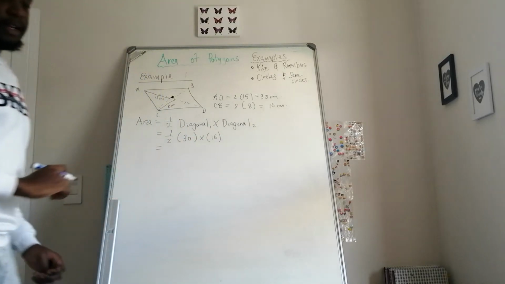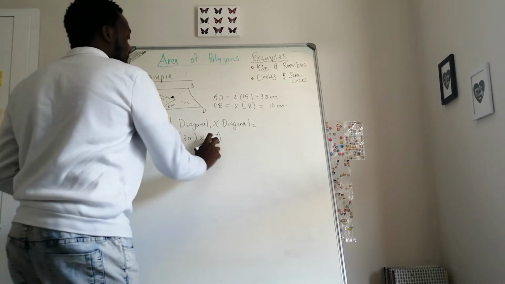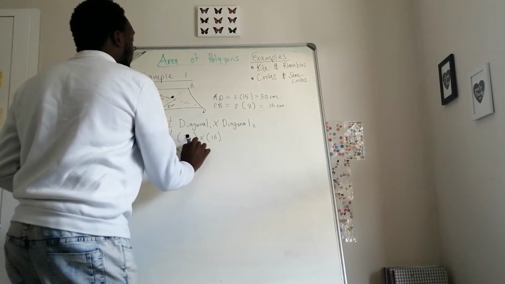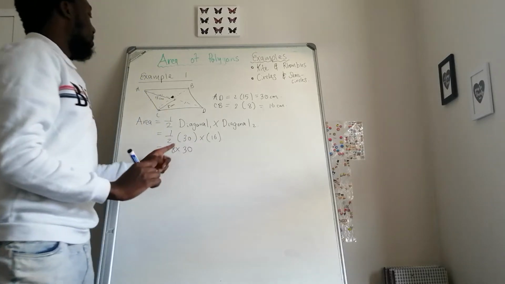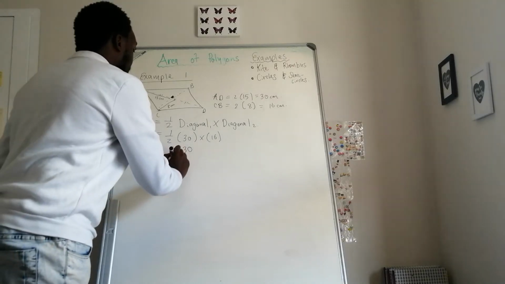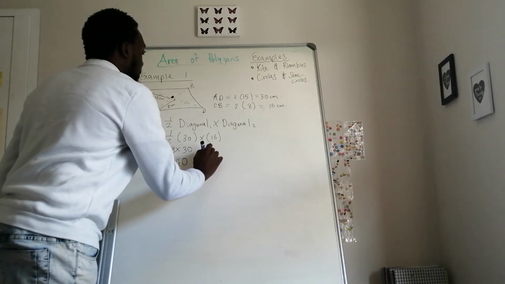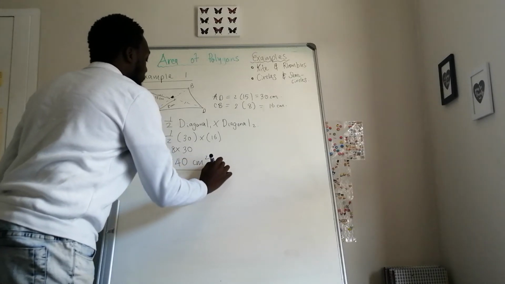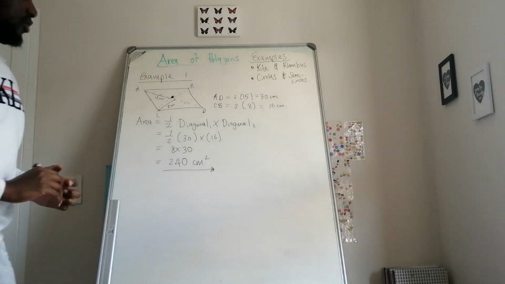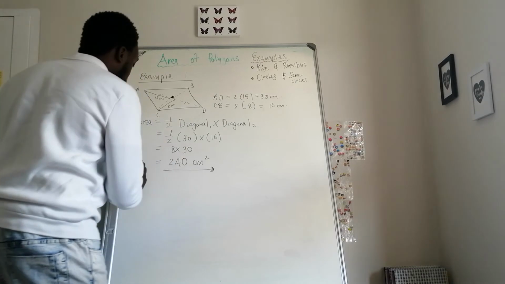And if you multiply this through, half of 16 is 8. 8 multiplied by 30 is 240 centimeters square. So there we go, 240 centimeters square. Right? That's rhombus, example 1.